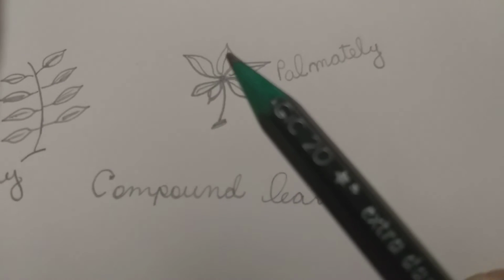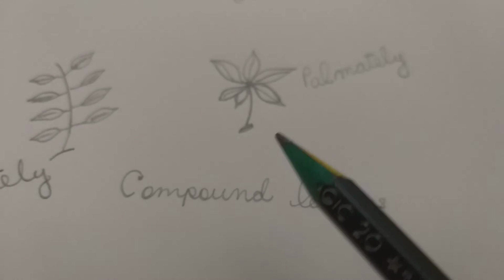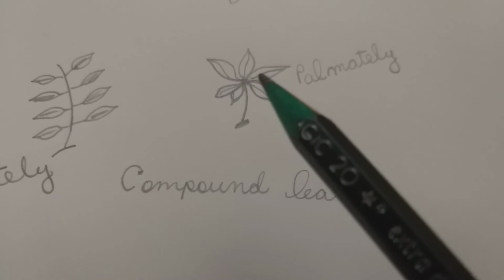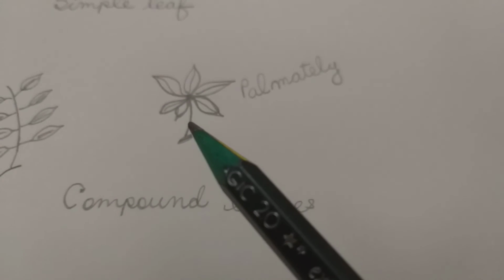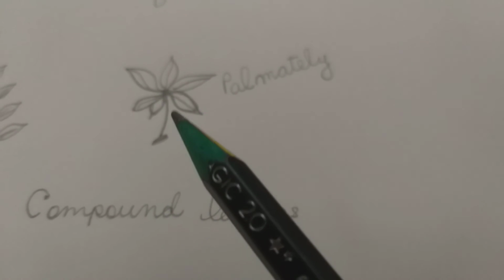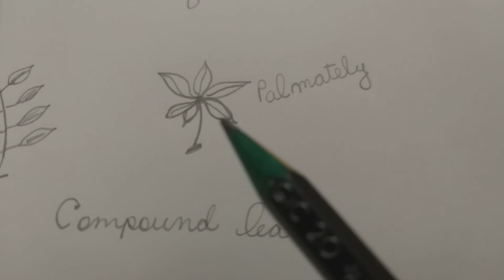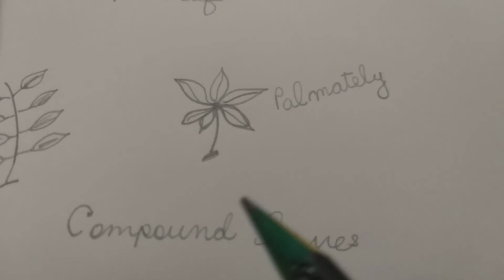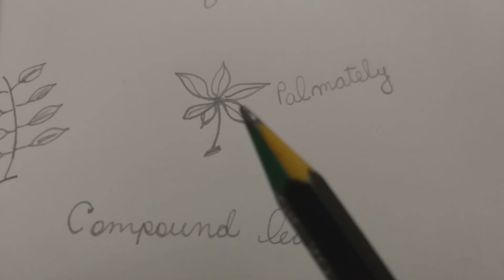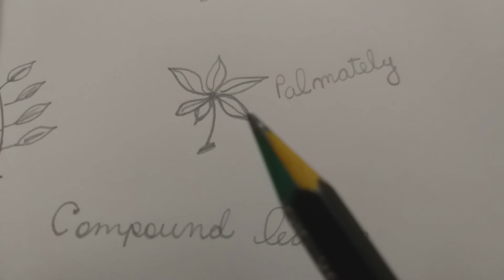If the leaflets are arranged at a common point on the midrib or rachis, just like the five fingers of a palm, then it is called palmately compound leaf. There may be more than five leaflets.